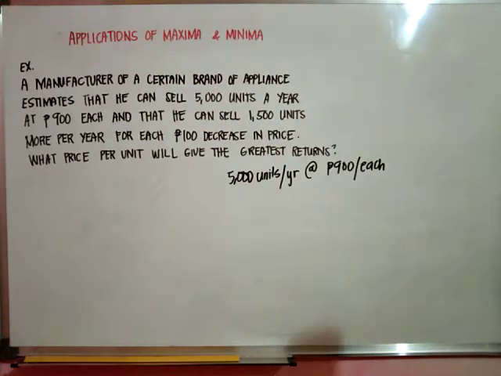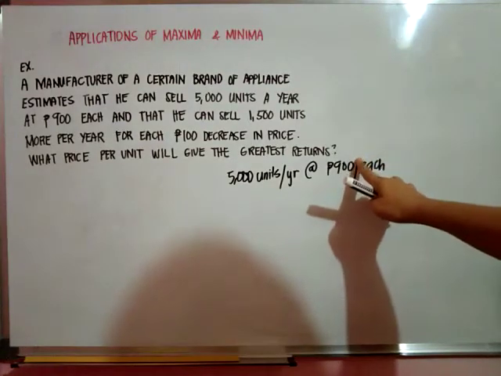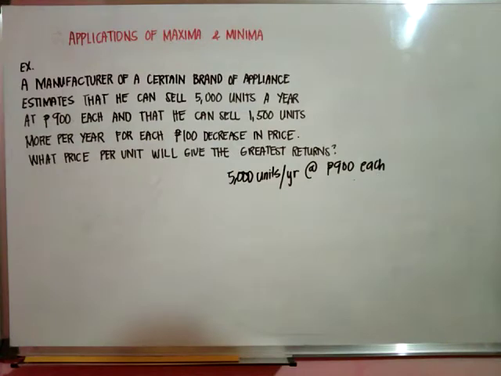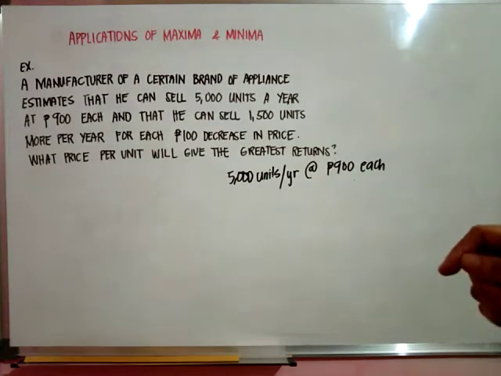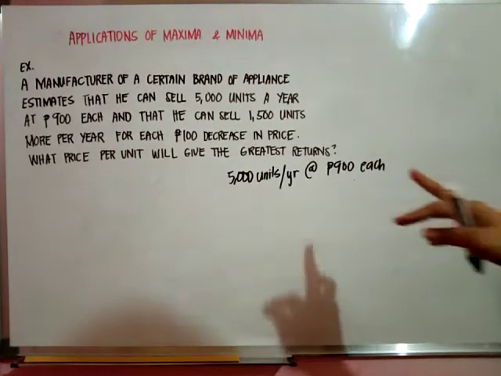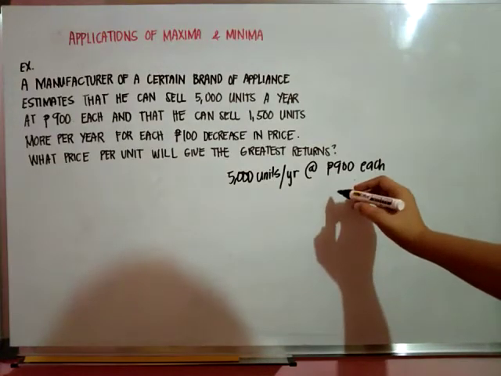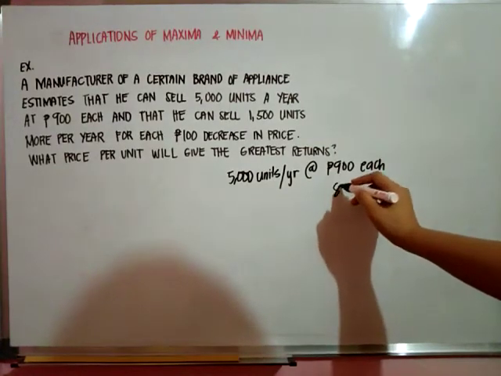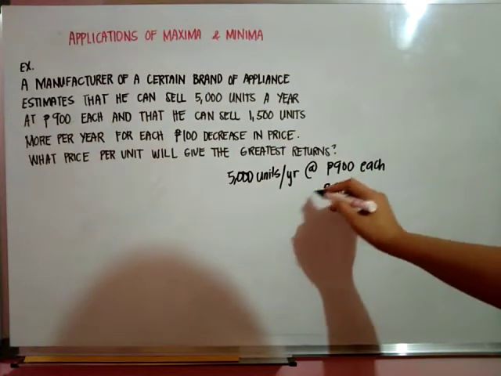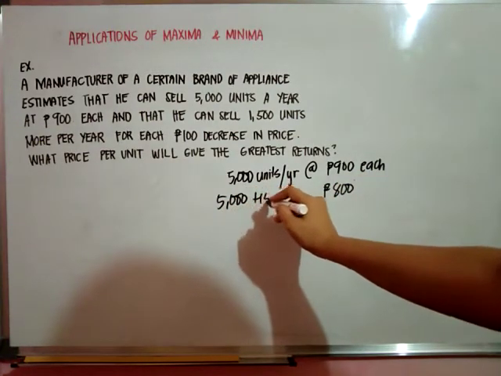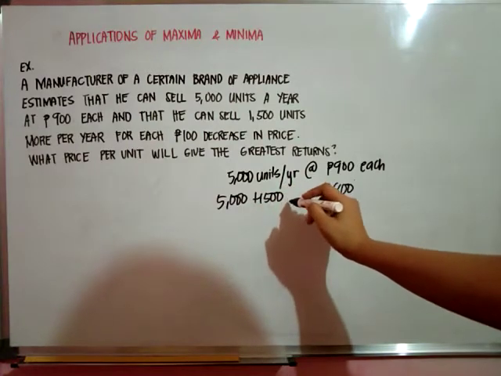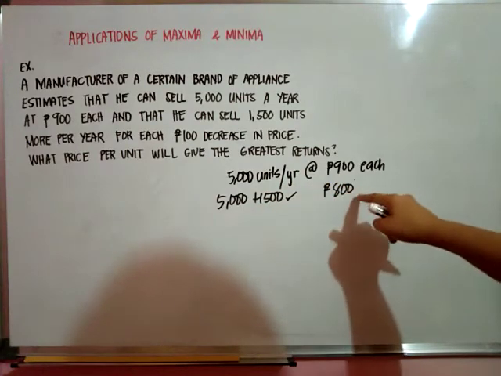And that he can sell 1,500 units more per year for each 100 pesos decrease in price. So, let's say he decreased the price into 800 pesos. So, there is an additional 1,500 units that can be sold per year.